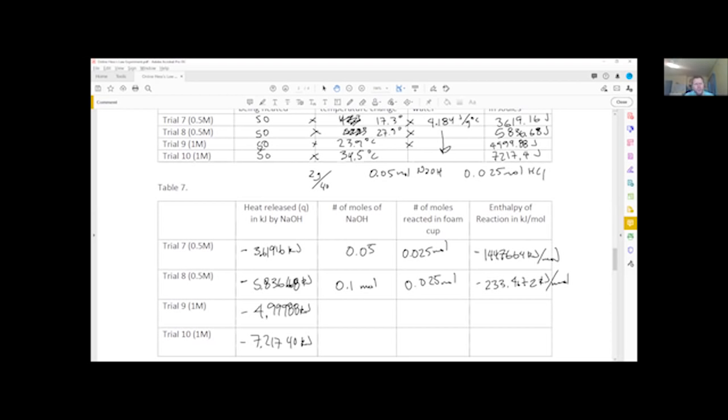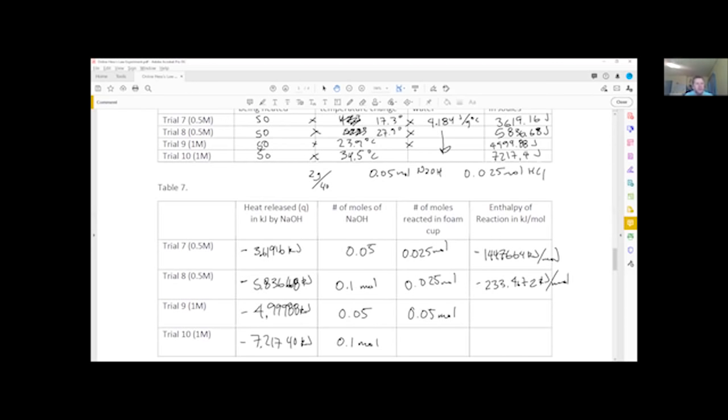For trial number 9, what's my moles of sodium hydroxide? It would be 0.05. For trial 10, that's 0.1 moles sodium hydroxide. Now, what is the number of moles of sodium hydroxide that reacted in my foam cup in trial number 9? Well, that's our perfect molar ratio. That's 0.05 moles.